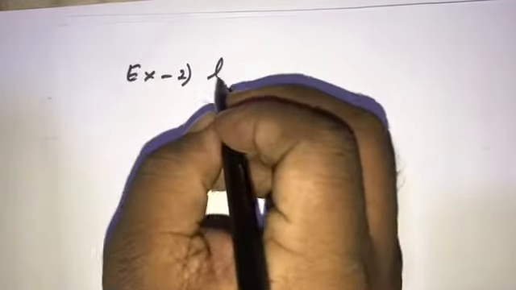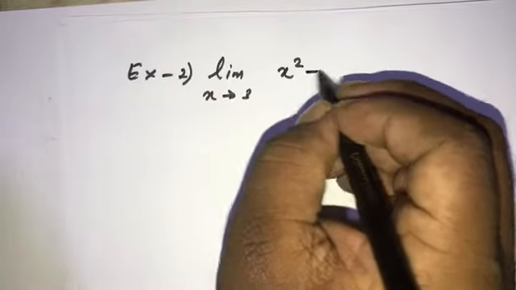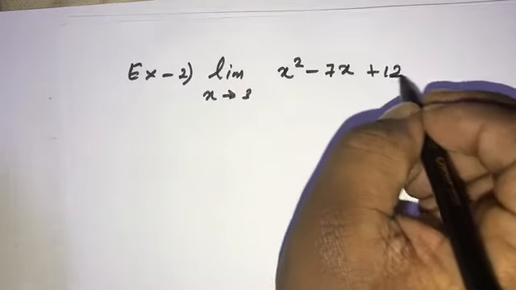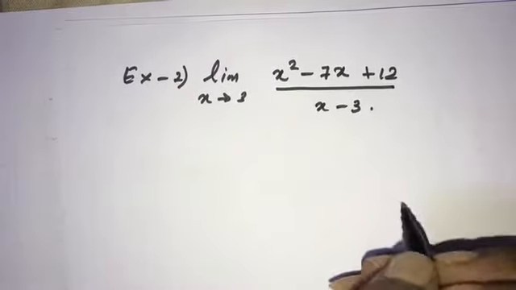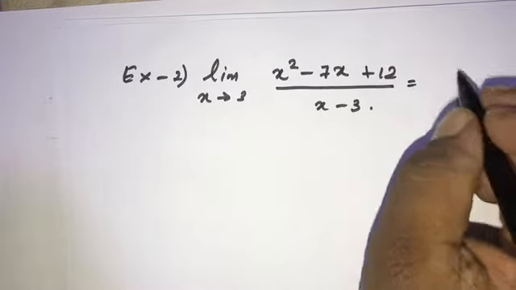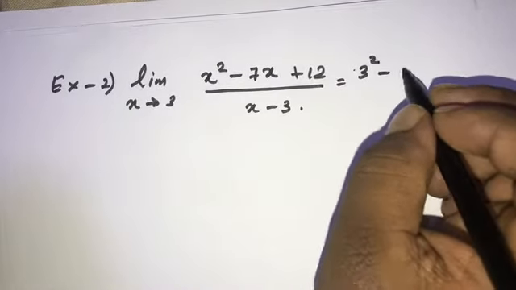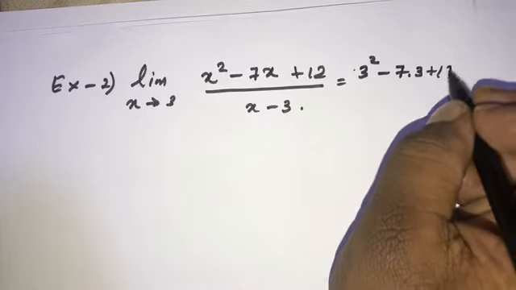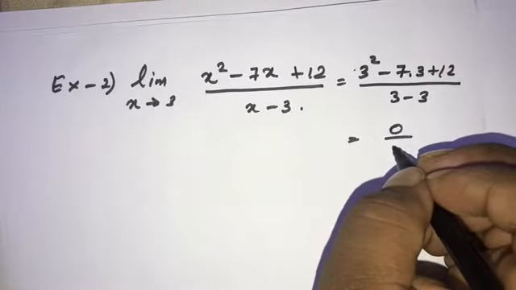Then example number 2: limit x goes to 3 of x squared minus 7x plus 12 over x minus 3. First we will try plugging in. Substitute 3 for all x's: 3 squared minus 7 times 3 plus 12 over 3 minus 3, so 0 over 0.